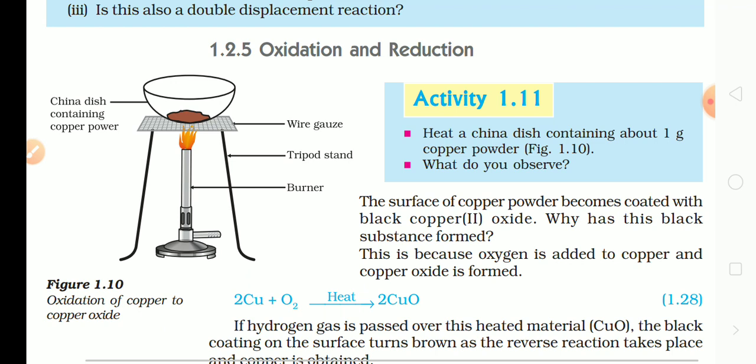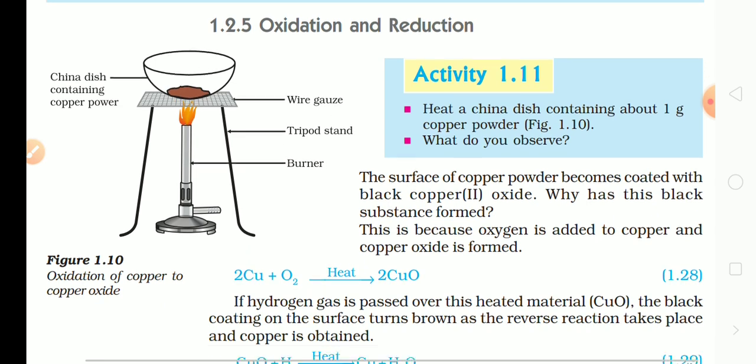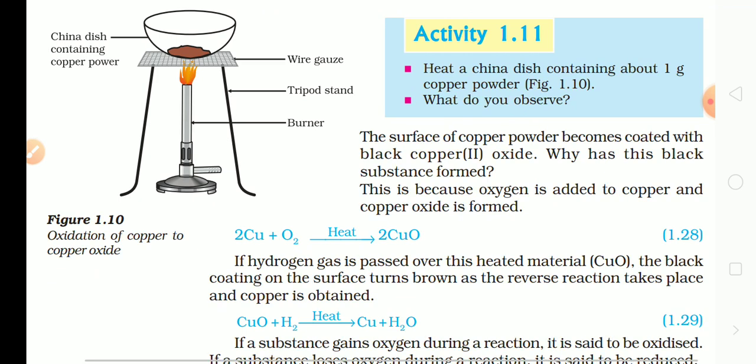While heating, the oxygen present in the atmosphere reacts with copper and it becomes copper oxide, which is black in color. This copper oxide coats the surface of the copper metal and gives a black appearance.